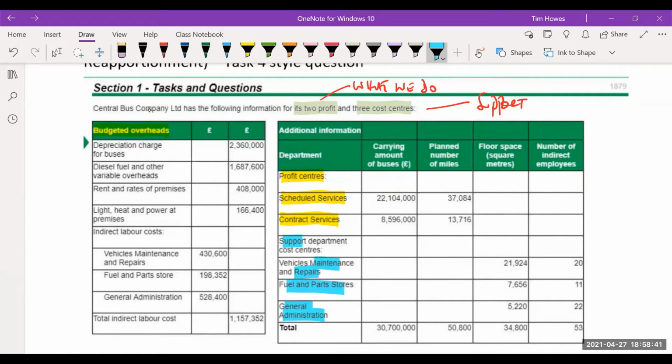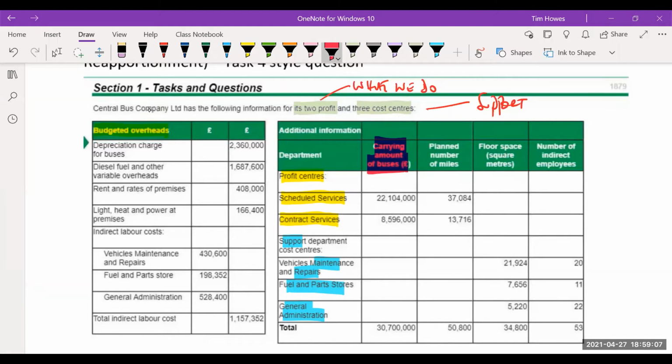Great. And what we've been provided with, which is again what you'll get, is some information about different aspects of these centers. And you'll see we've got here the carrying amount of the buses, i.e. in the financial statements, how much those buses are carried at, valued at in the balance sheet.